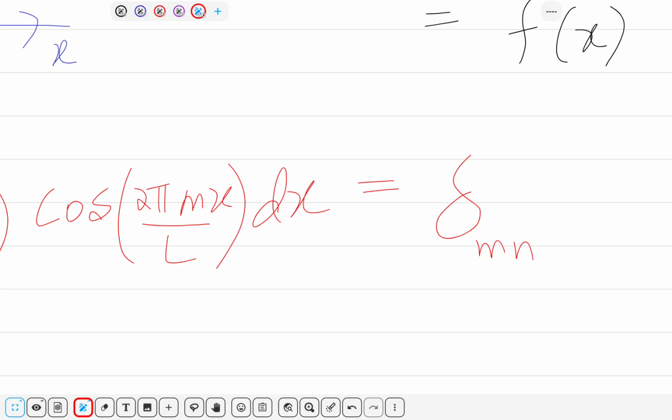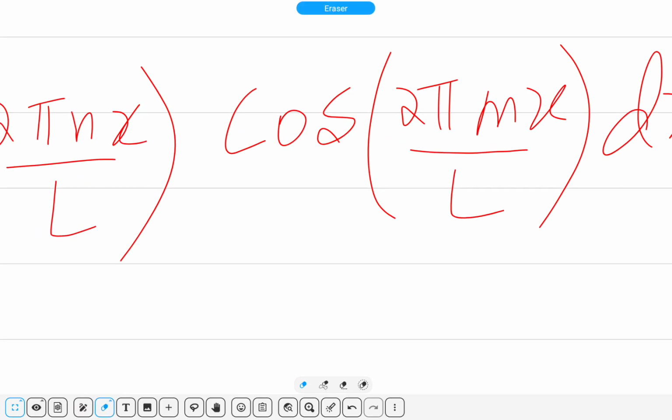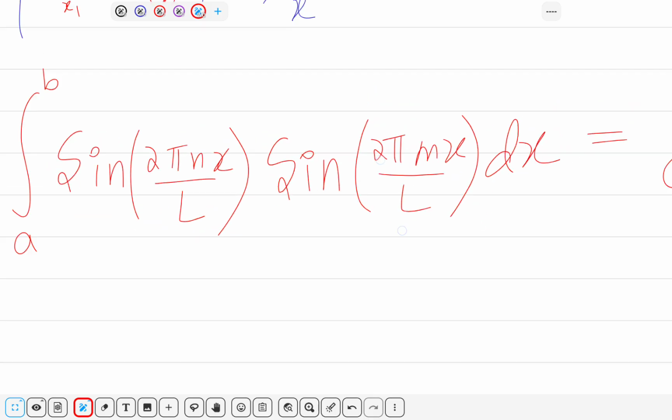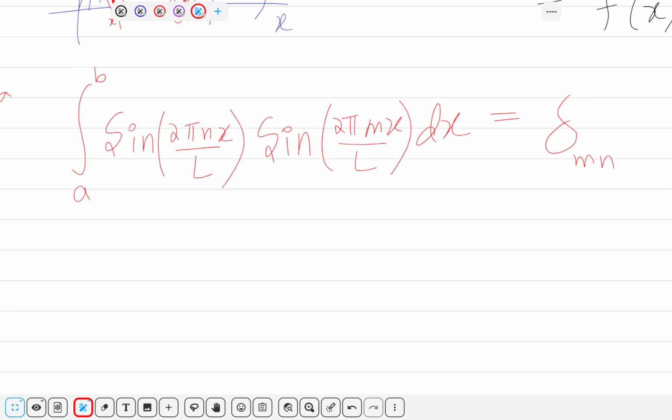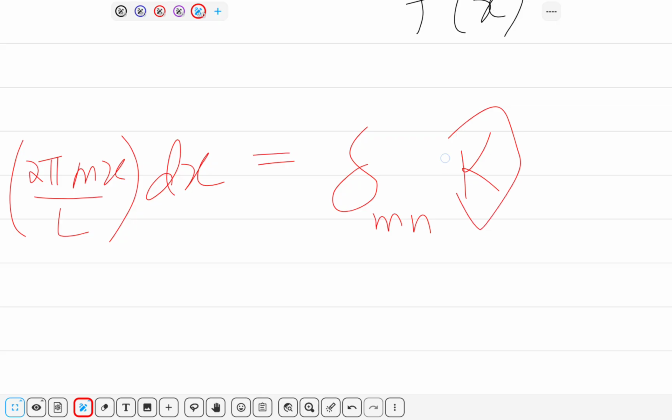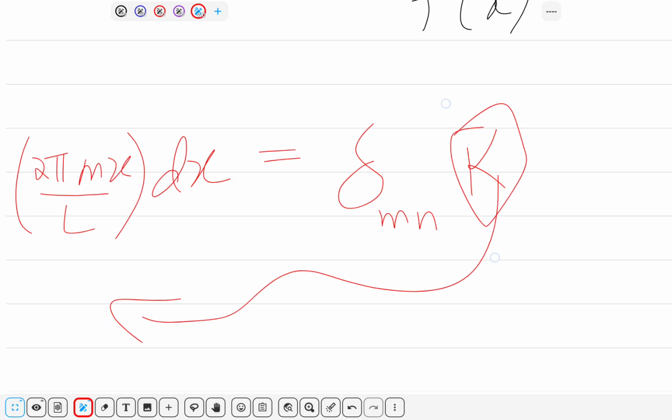No, this will always give me... sorry, I think I should write sign here. This will be better. Yes, there should be a sign here. Now if I do this, I know this is the case, and I'm pretty sure some constant numbers come here, but we will leave it for later.